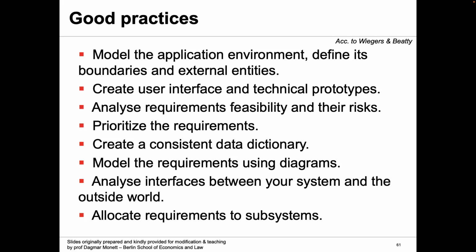These subsystems can incorporate software, hardware, and human subsystems as well, right? So in your analysis, you can allocate your requirements to these subsystems as well. That helps you break down the requirements into smaller chunks, and again it leads to making your analysis as clear and as unambiguous as possible.